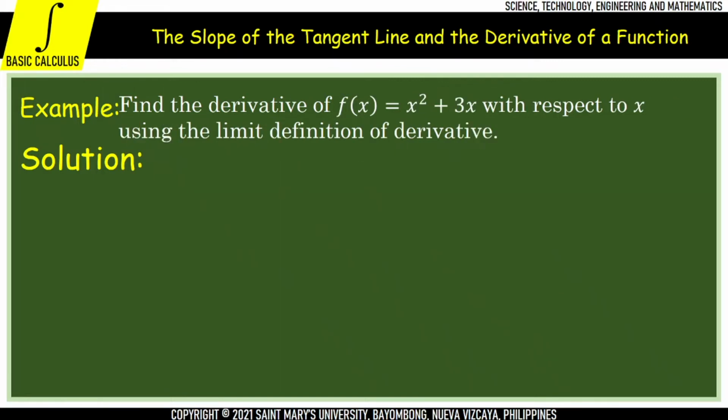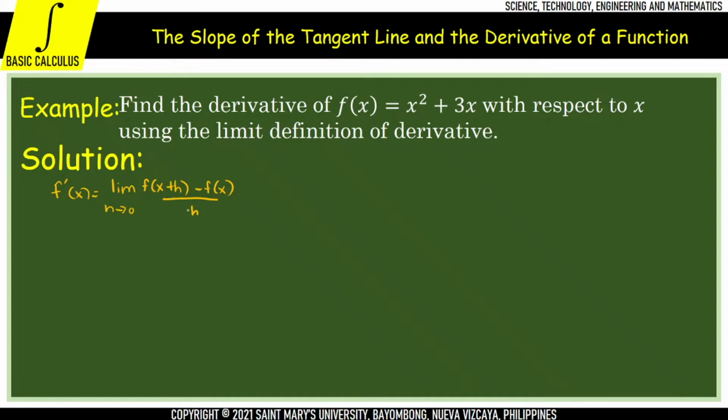We proceed to our second example. Find the derivative of f of x equals x squared plus 3x with respect to x using the limit definition. Again, our limit definition is f prime of x is equal to the limit of f of x plus h minus f of x all over h as h approaches 0.